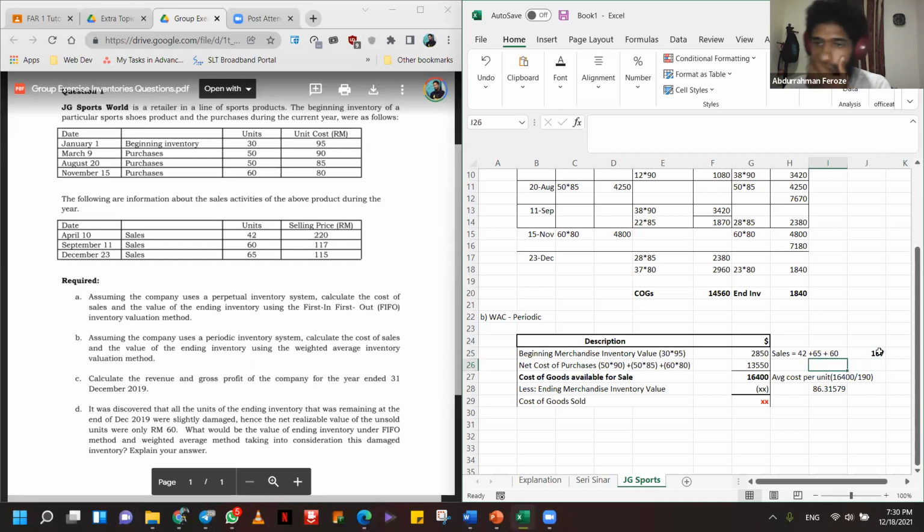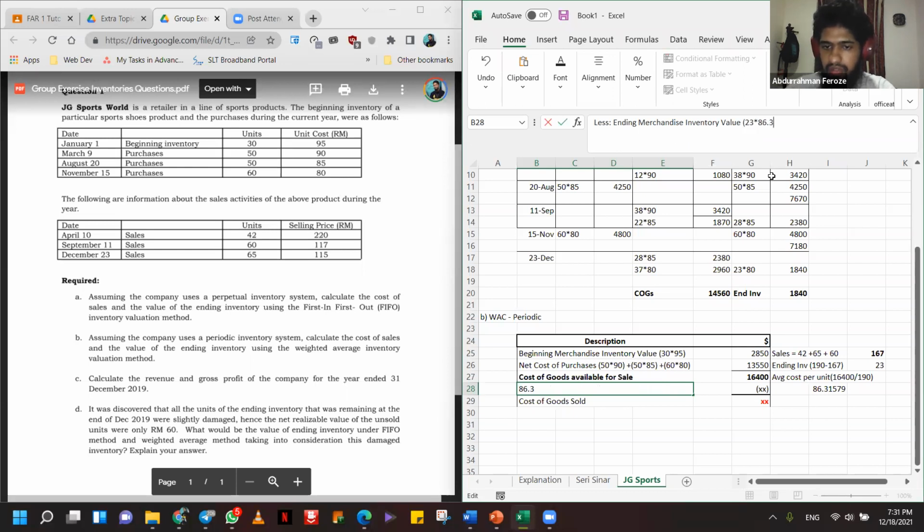So the ending inventory, what is remaining, equals 190 minus 167. So that would be 23, correct? So here the ending merchandise inventory value equals 23 into 86.3.